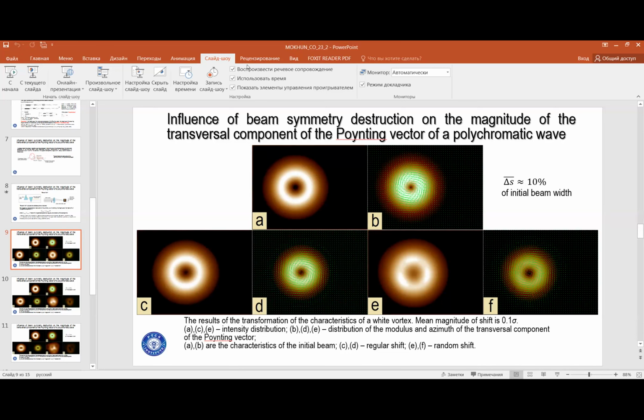At the previous conference, we showed an example of formation of an optical trap by green and red traps.